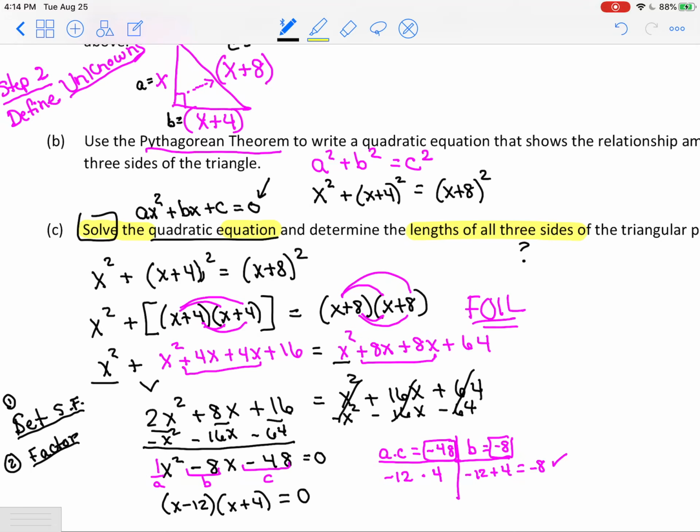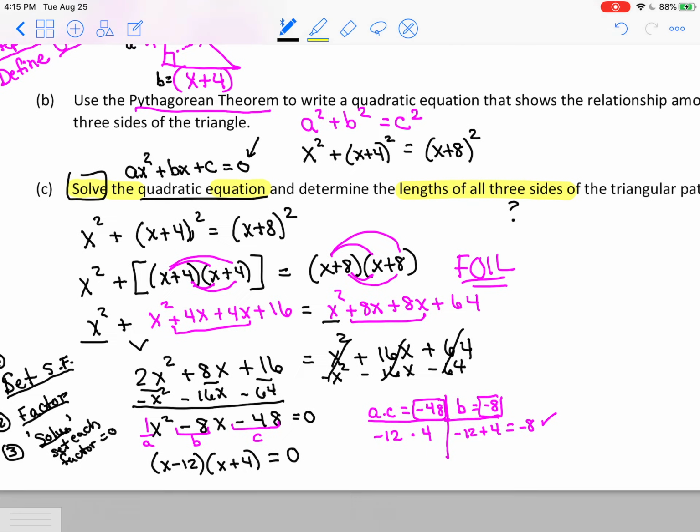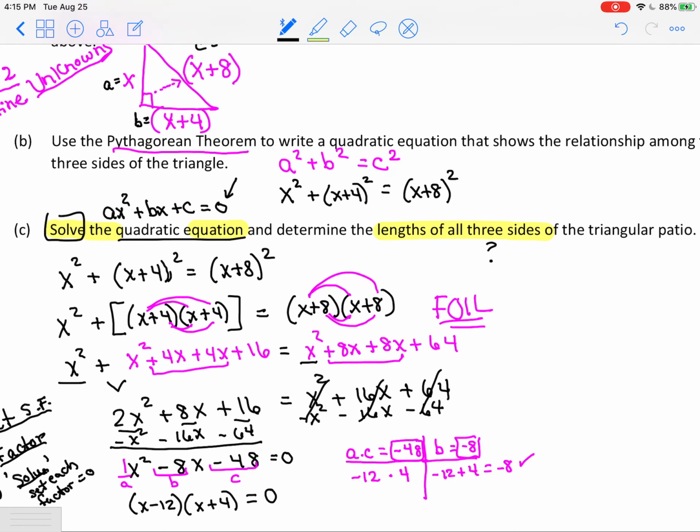So here's the part that sometimes students forget. They kind of just stop after they're done factoring. But remember that we are asked to solve this. So in order to do that, we need to set each factor equal to 0 and solve. I'm kind of out of room here, so I'm going to move this direction.